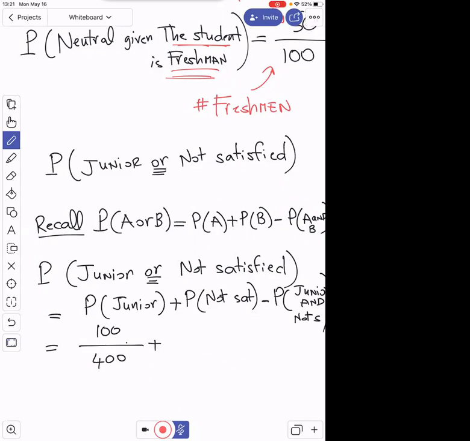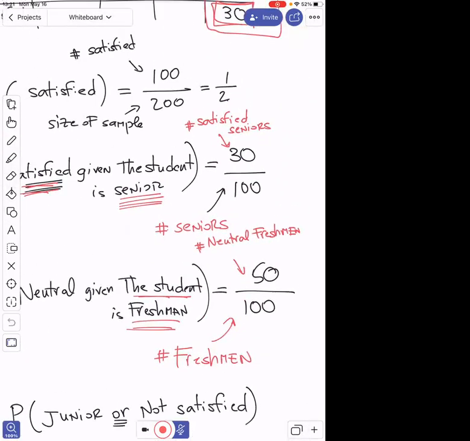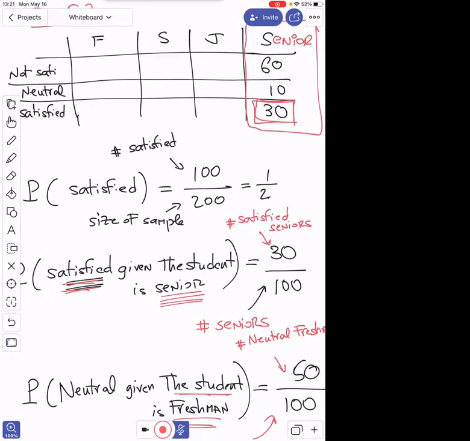The first sentence said the Committee on Student Life did a survey of 200 students, but that should be 400, not 200. So the probability that the student is satisfied is 100 over 400. Total number of students is 400, not 200, sorry. So 1 over 4.